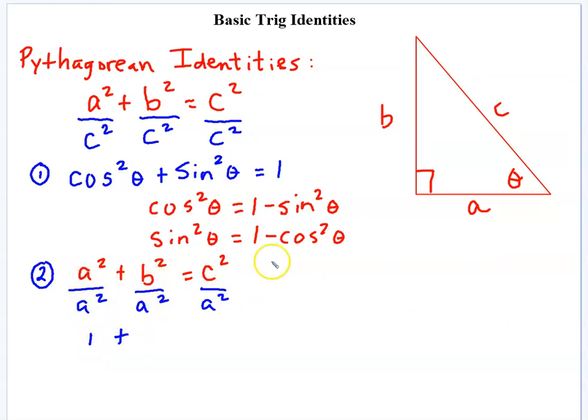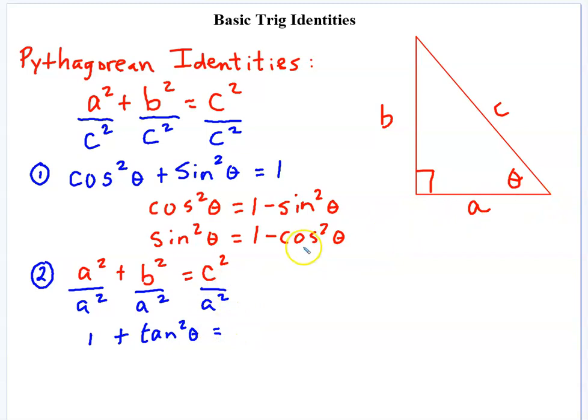And then side B, back to my right triangle, side B divided by side A. Well, we usually say opposite over adjacent, okay? And we have described for theta, the opposite side over the adjacent side is called tangent. So B squared over A squared would be tangent squared theta.